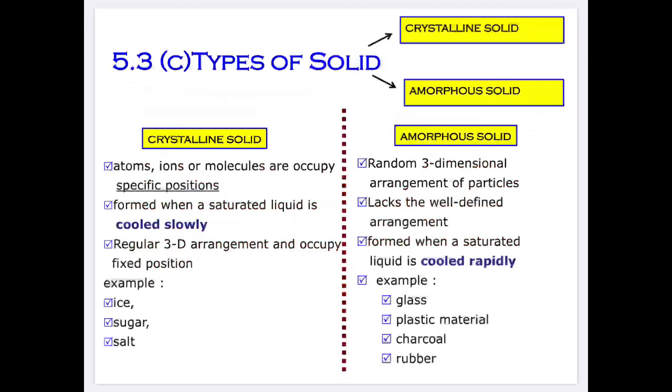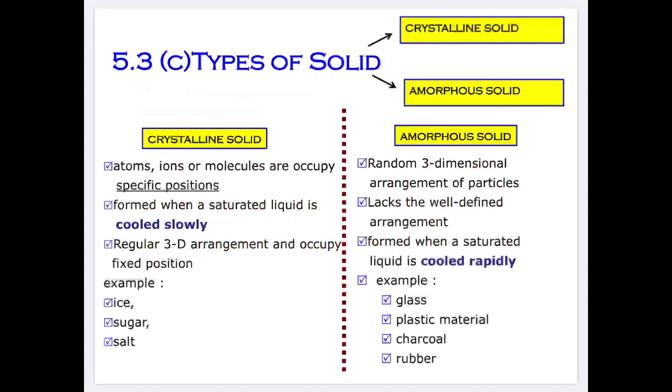Crystalline solid is formed when a saturated liquid is cooled slowly, while amorphous solid is formed when a saturated liquid is cooled rapidly. Crystalline solid has regular 3D arrangement and occupies fixed position, while amorphous solid lacks the well-defined arrangement.